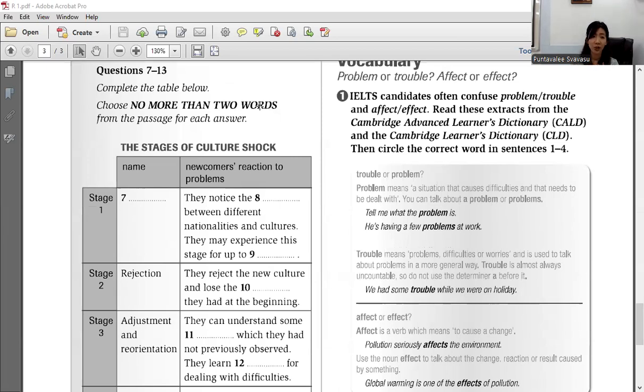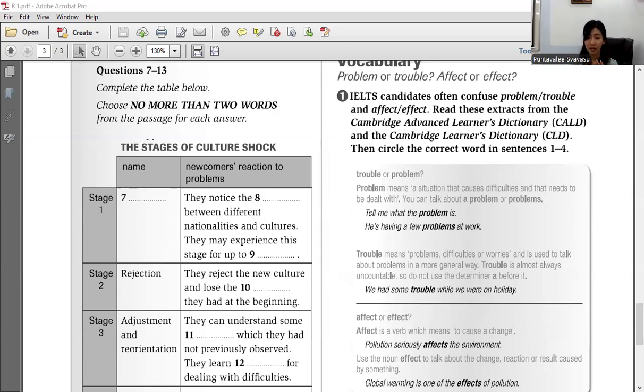And also they say choose the words from the passage. It means that for your answer, you should be able to highlight the word that you pick up from the text. They don't expect you to come up with your own words. Also it's got to be grammatically correct when you put the answer there.